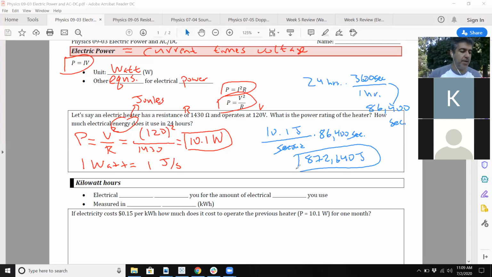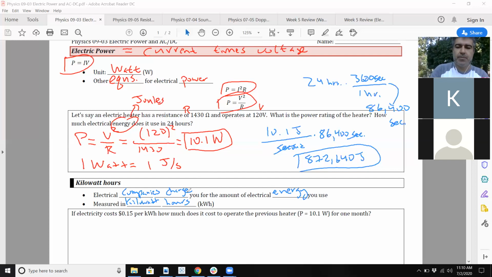Let's look at kilowatt hours. This is a good one because this is more relevant to what we tend to see with your energy bill. So electric companies charge you for the amount of electrical energy you use. Duh, obviously. It's measured in kilowatt hours, or kWh for short. That's actually energy, so it's power times time.